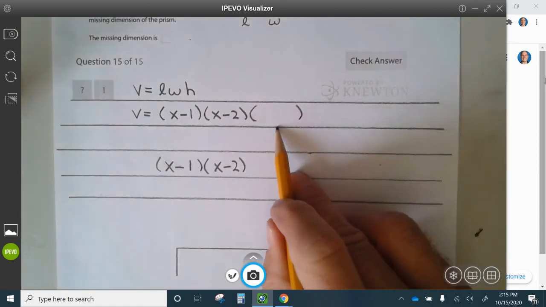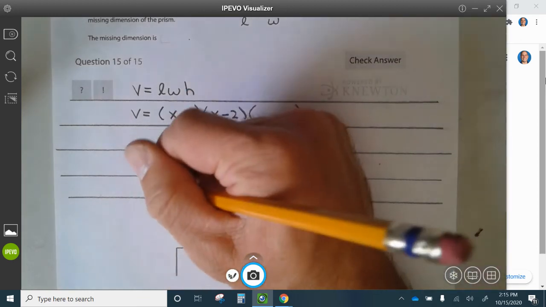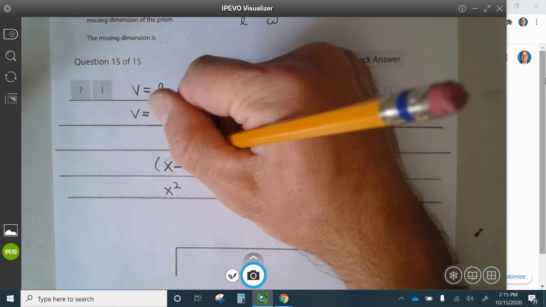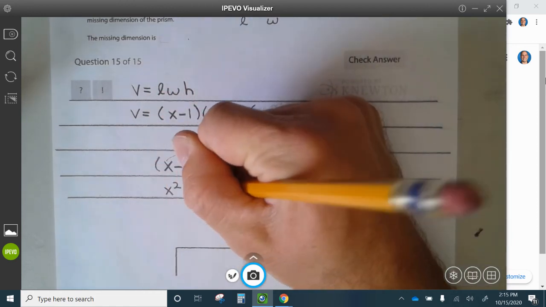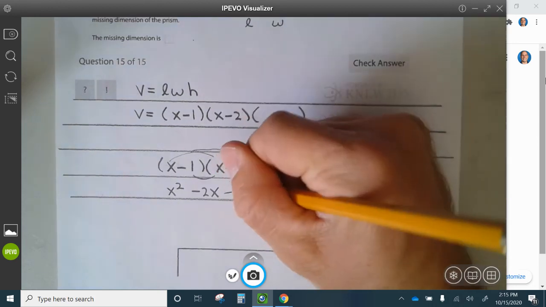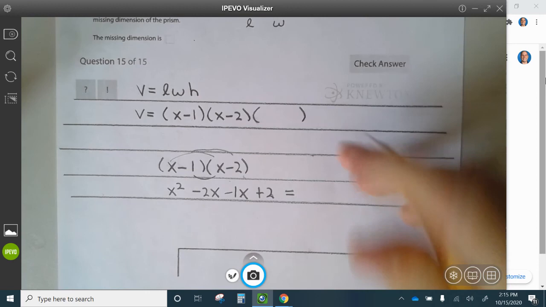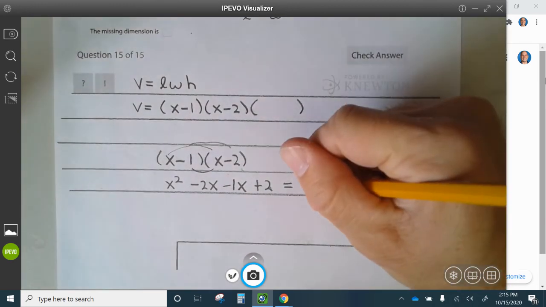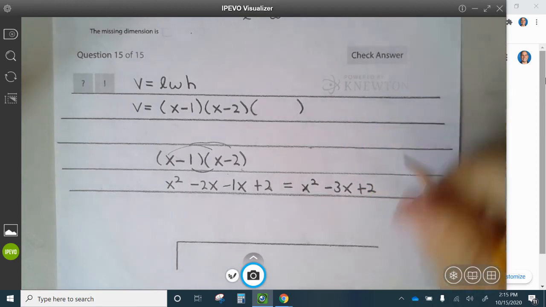To find this missing dimension, we're first going to multiply these. So x times x is x squared. x times negative 2 is negative 2x. Negative 1 times x is negative 1x. And negative 1 times negative 2 is a positive 2. This simplifies to x squared minus 3x plus 2.